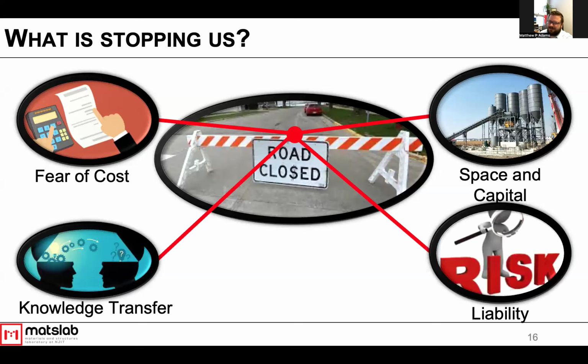Liability is also a concern. Every time we're moving to something new that people aren't that comfortable with, we end up taking on risk that we as engineers don't want to take on. We're a very risk averse group of people, not just for our own financial stability, but also for safety reasons, right?